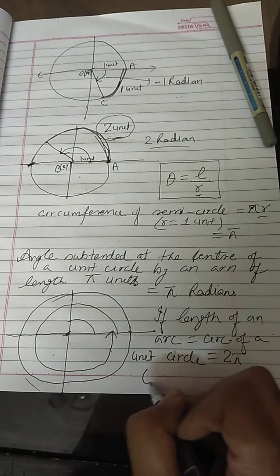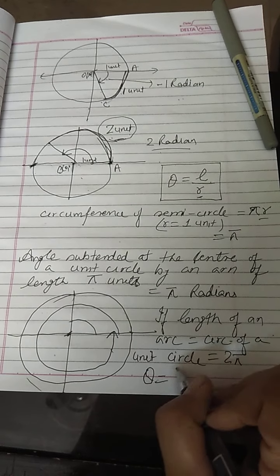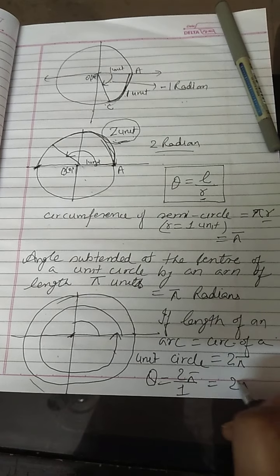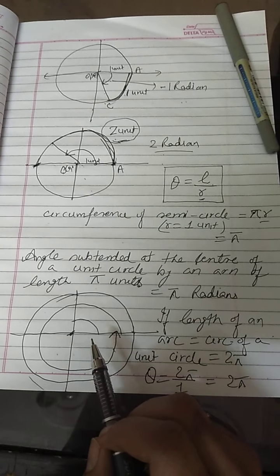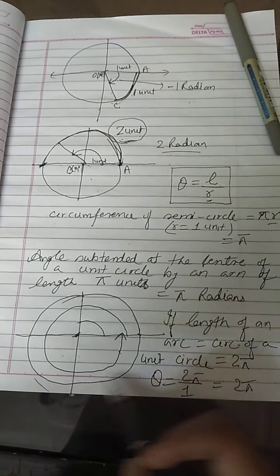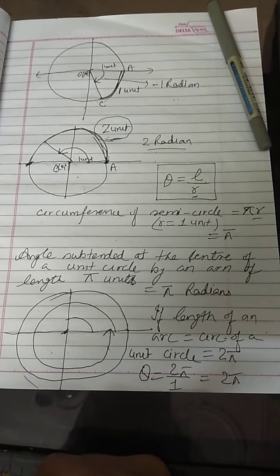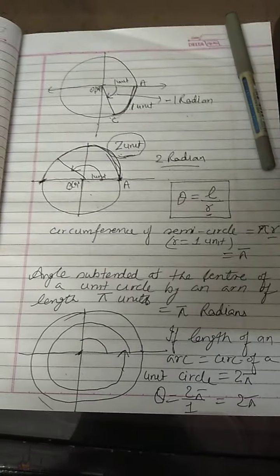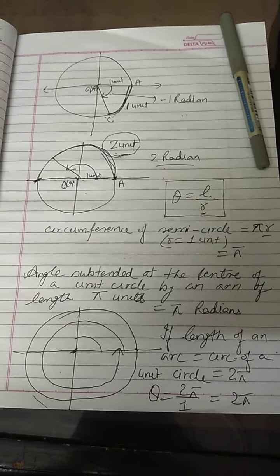Now what will be the angle subtended by a complete circle? It will be 2 pi upon 1, that is 2 pi. It means in radian measure, the angle subtended by a circle at the center is 2 pi radians.